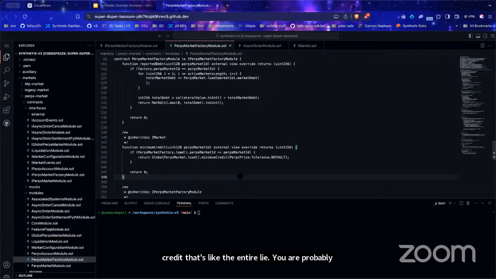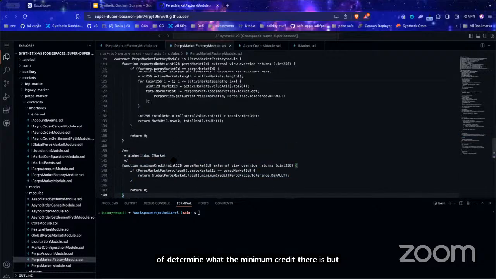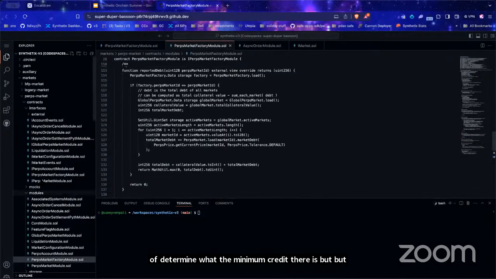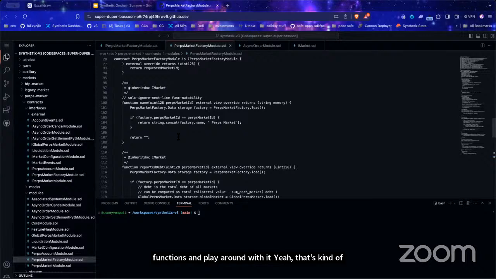So there is a factor configurable by the Spartan Council to determine what the minimum credit is. You can take a look at these functions and play around with it. That's how you would get started on building a new market.